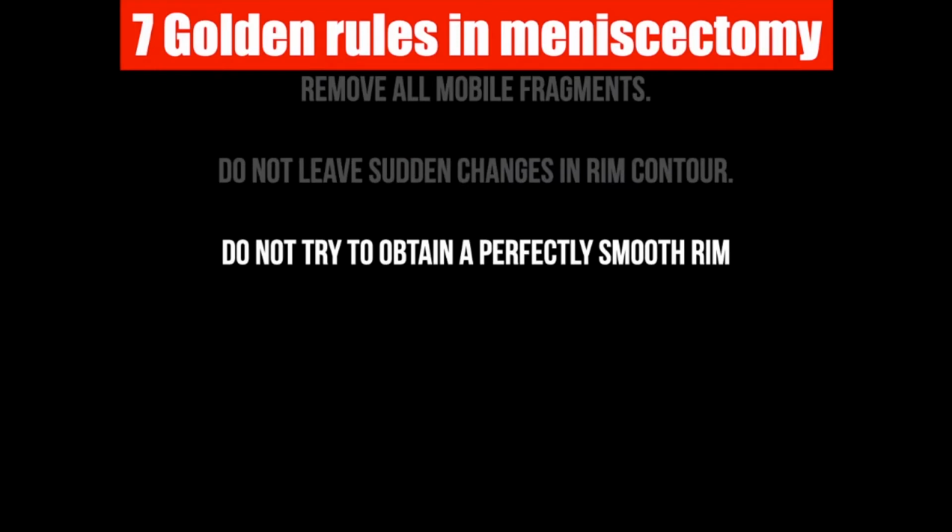We should not try to obtain a perfectly smooth rim. We should not cut more meniscus to get a perfectly smooth rim, because a small ragged meniscal margin may be remodeled in 6 to 8 months' time.